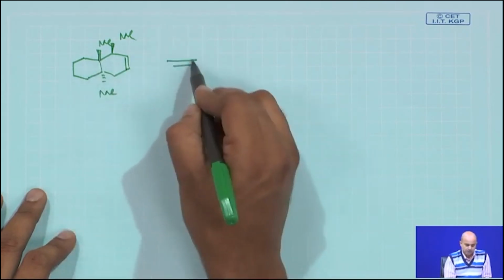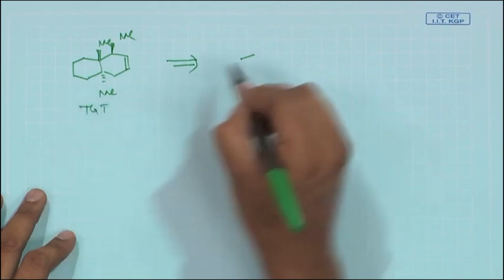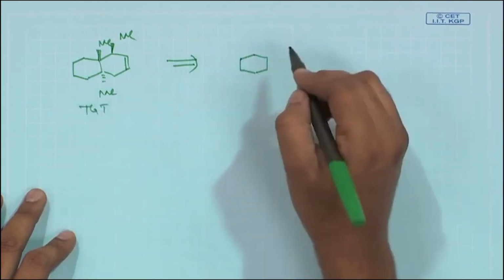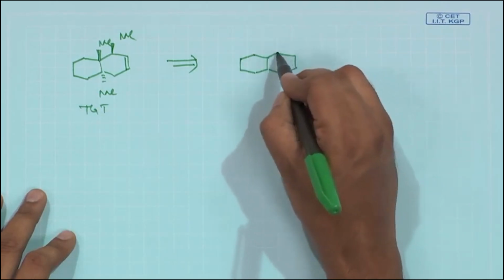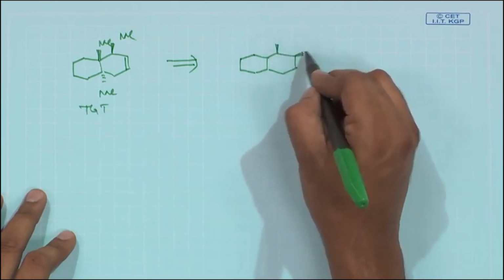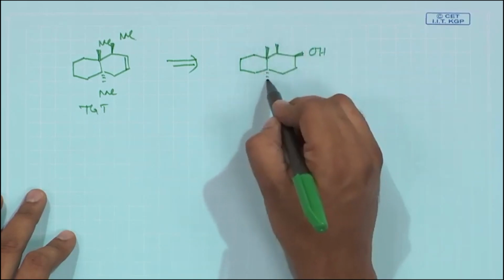The target molecule was this one, and the starting material was given here. Now, we will see how you can correlate the starting material with this target molecule.